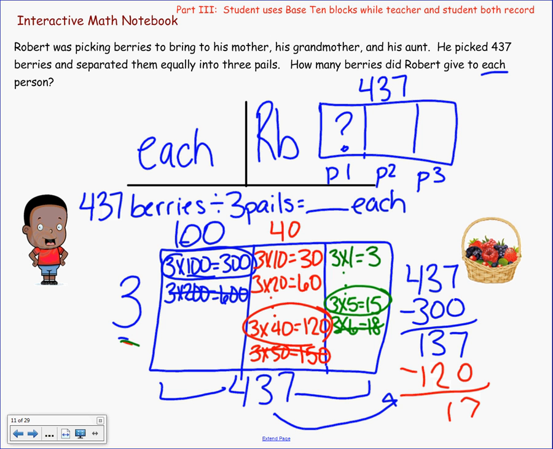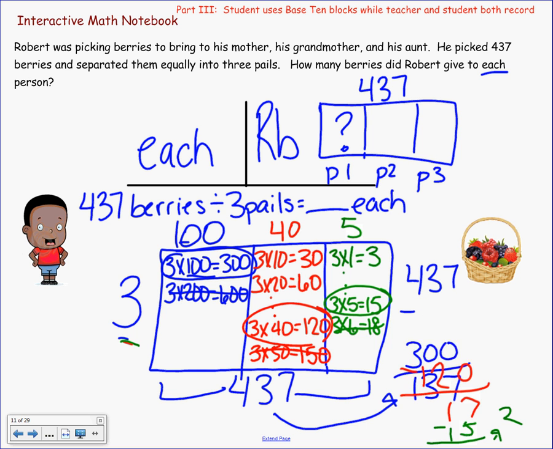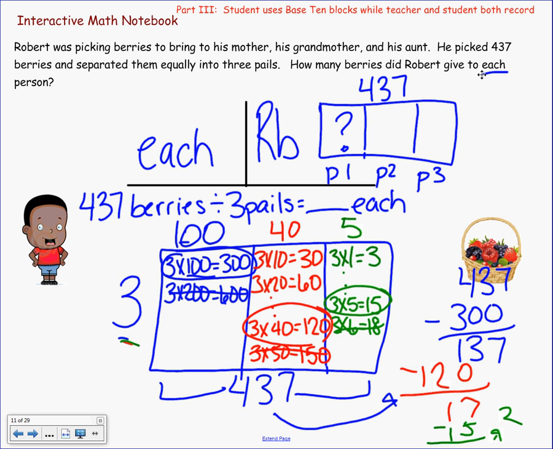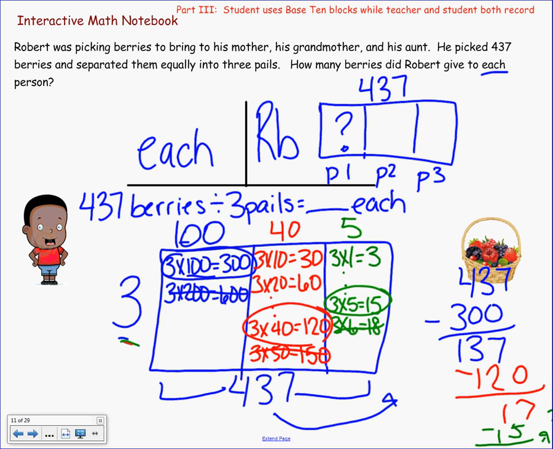So I have my 3 over here again. So 3 times 5 equals 15. So I would subtract. And that leaves me with 2. So I have a remainder of 2. And sorry, I'm going to try to move this over, because I would write my remainder of 2 out next to the box like this.